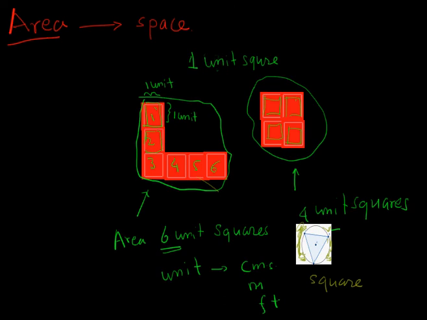The area of the square is greater than the circle area, and that is greater than the triangle area. So that is all about area.